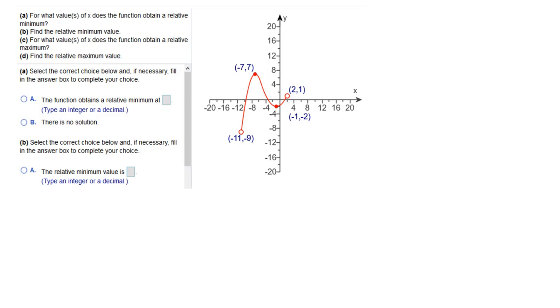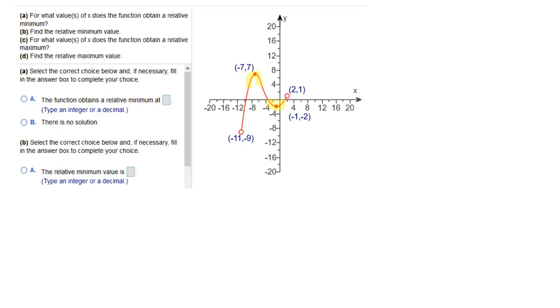So a relative minimum and relative maximum, those are going to be the highest and lowest values, but in a localized area, localized interval. So what we're really looking for is not the lowest y value on the whole picture or the highest y value on the whole picture.